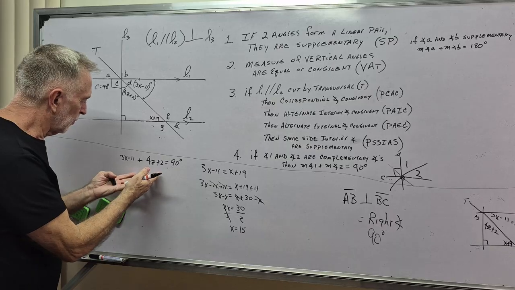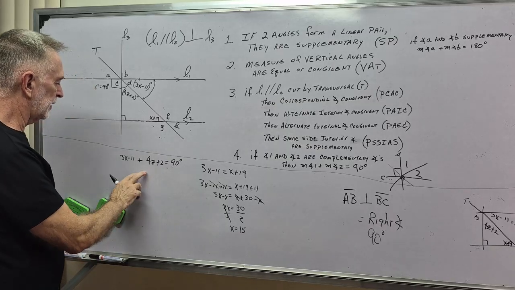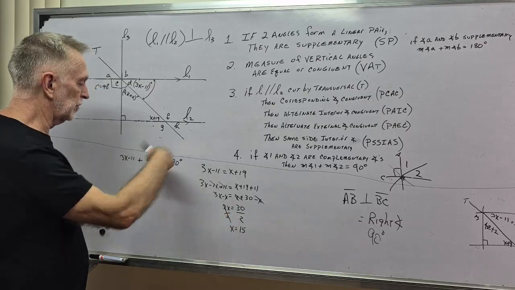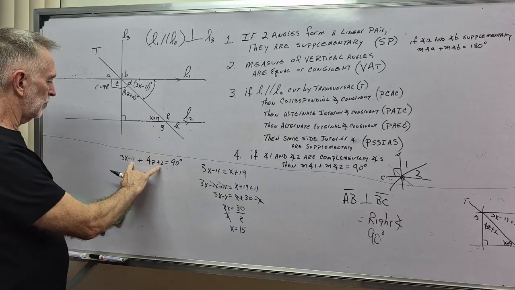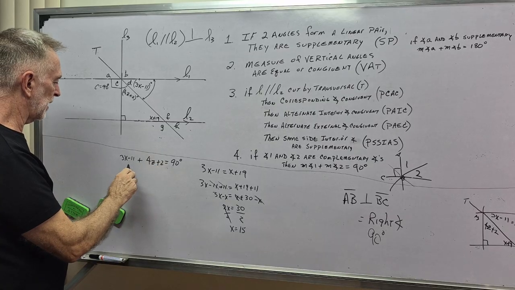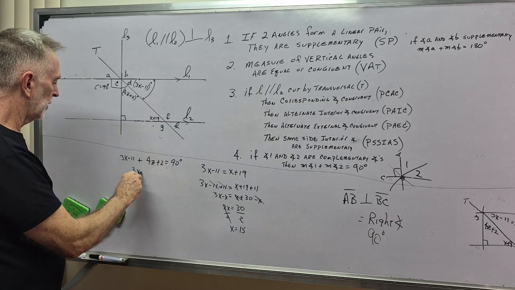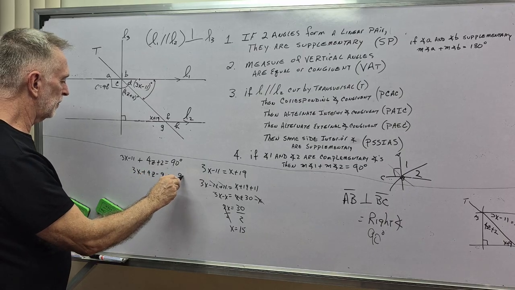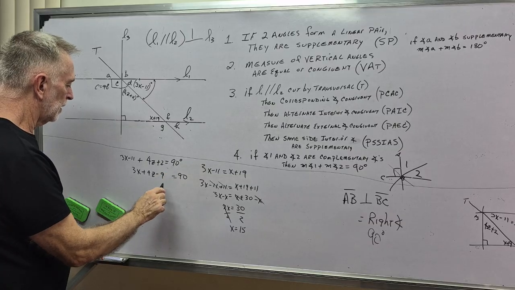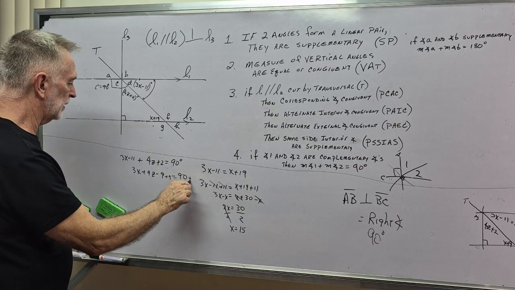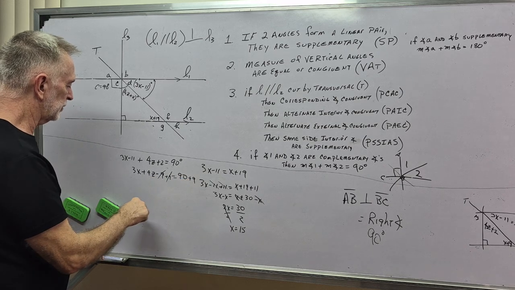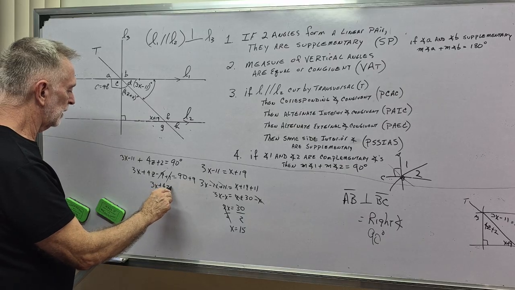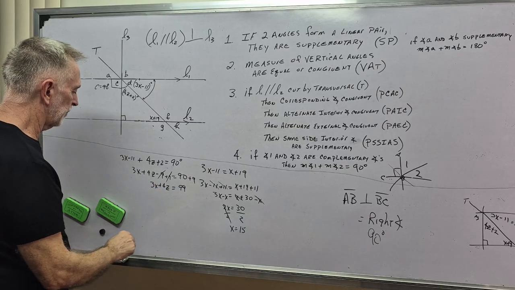Now, what should I do here? I need to get z equals something that's a function of x, so I can just plug the x in. So minus 11 plus 2 is minus 9. So I have 3x plus 4z minus 9 equals 90. Well, if I add 9 to both sides, the minus 9 plus 9 cancel. 3x plus 4z equals 99.